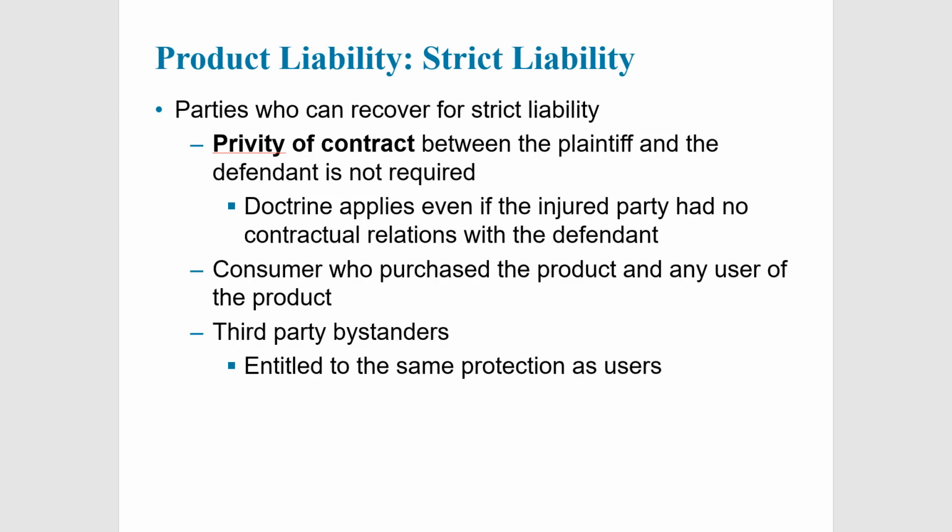They didn't buy the product. They weren't in privity of contract between me and the seller or the retailer. But since harm happened, strict liability could still apply. So a consumer who purchased a product and any user of the product can recover. Even third-party bystanders are entitled to the same protection as the users are.